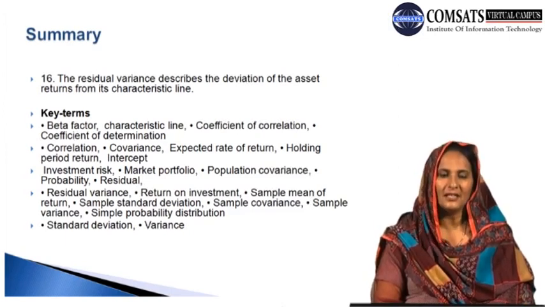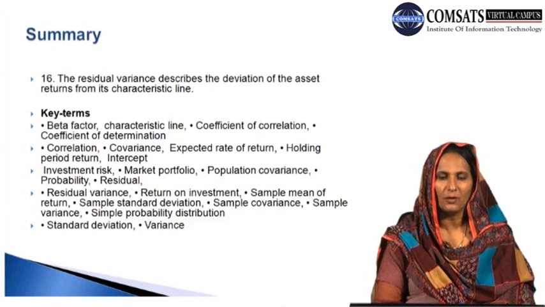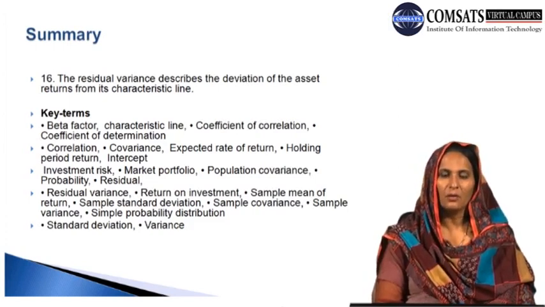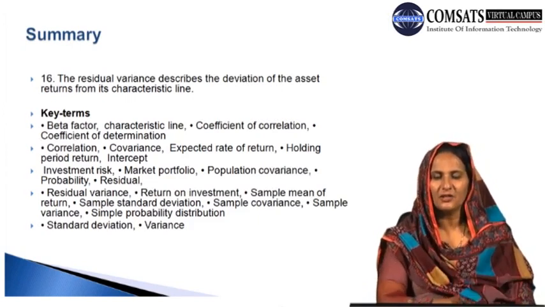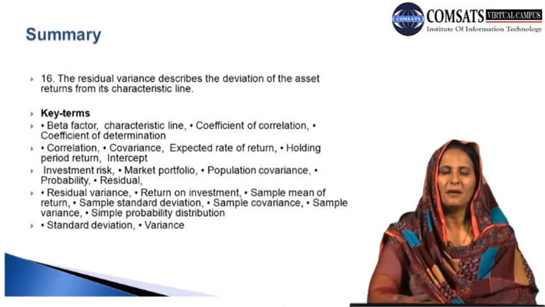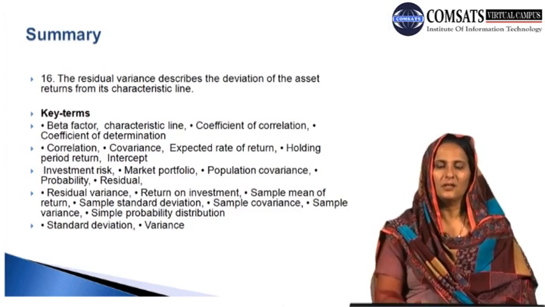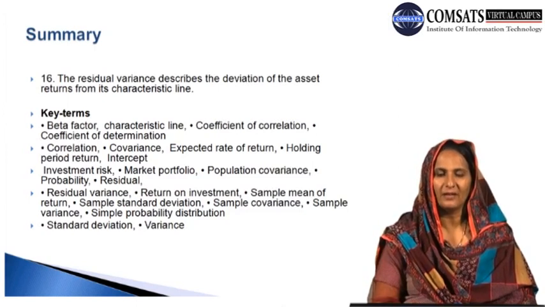Now what are the key terms? These are the terms discussed in the chapter: beta factors, characteristic line, coefficient of correlation, coefficient of determination, correlation, covariance, expected rate of return, holding period return, intercept, investment risk, market portfolio, population covariance, probability, residual variance, return on investment, sample mean of return, sample standard deviation, sample covariance, sample variance, simple probability distribution, standard deviation, and covariance.